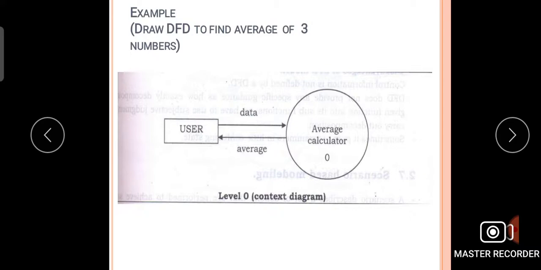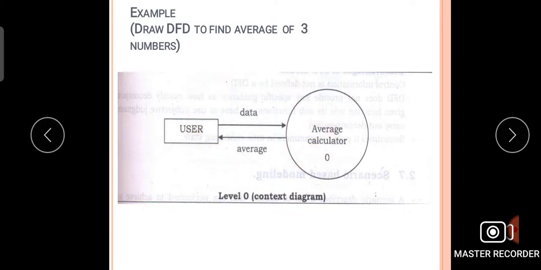That's why we define a process within a round shape and an entity within a rectangle box. The communication between the user and the average calculator process uses an arrow line, which is the data flow line.